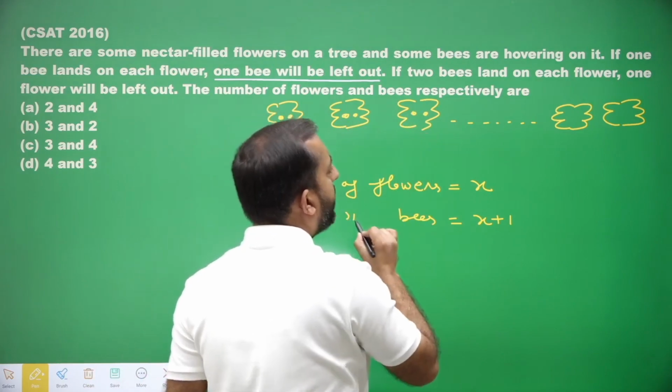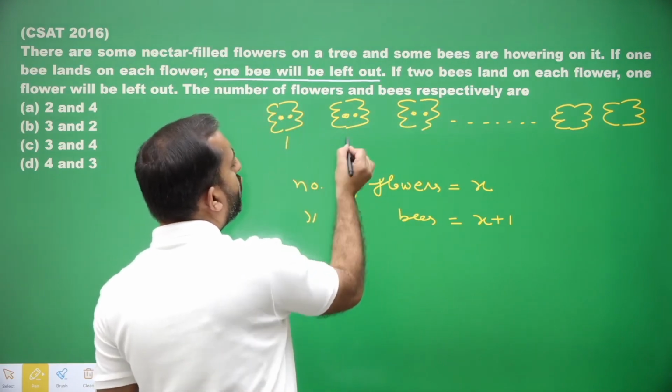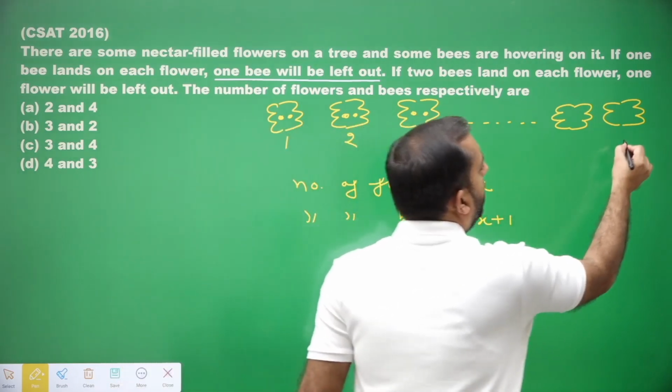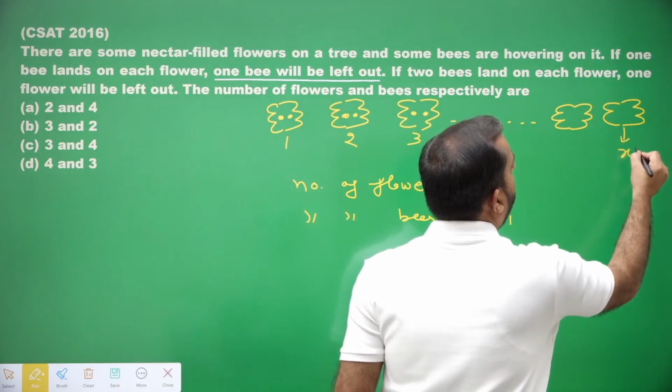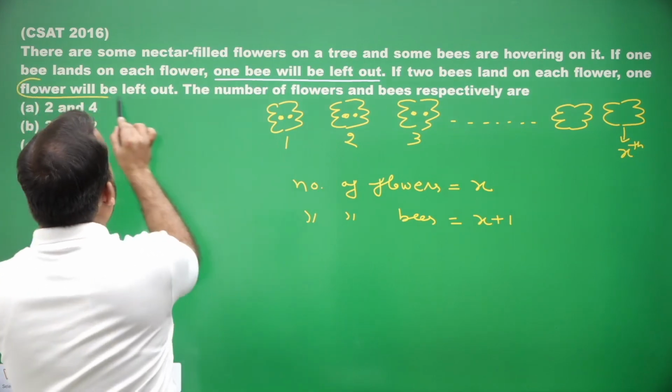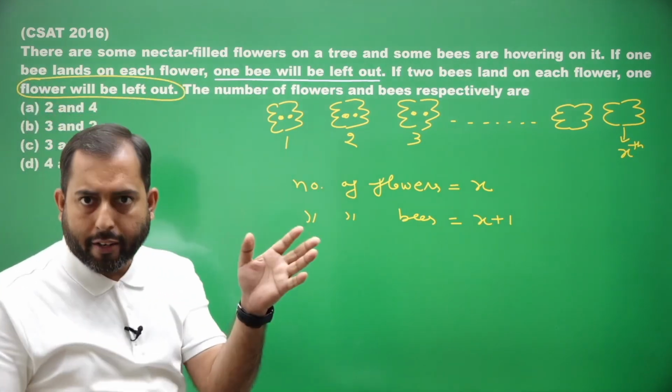On every flower we are having 2 bees. So on flower number 1, 2 bees, flower number 2, 2 bees, flower number 3, 2 bees. In this way, this xth flower will be left out without any bees on it.